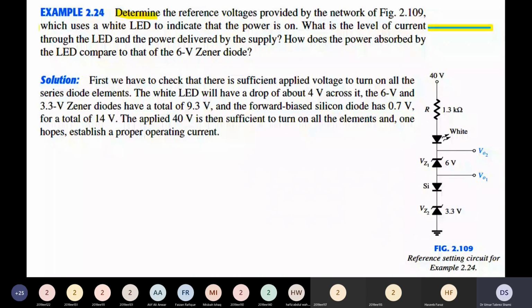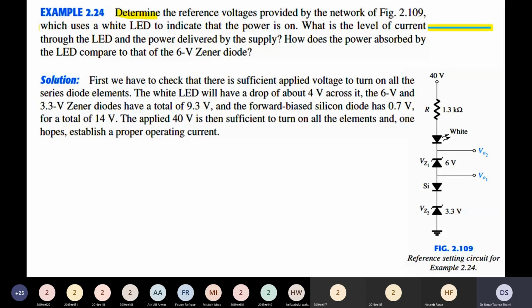The 6 volt and 3.3 volt Zener diodes have a total of 9.3 volt. The forward bias silicon diode has 0.7 volt, for a total of 14 volt. The applied 40 volt is then sufficient to turn on the elements and, one hopes, establishes a proper operating current.